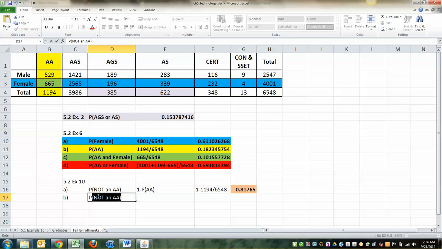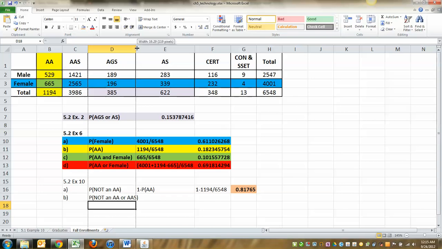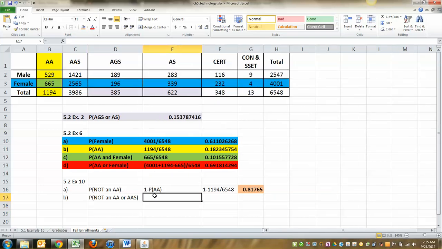Now for part B, they want 1 minus the probability of not an AA or AAS student. So not an associate of arts or an associate of applied science. Okay, so that's 1 minus, let me put this in brackets here, the probability of AA plus the probability of AAS, right?